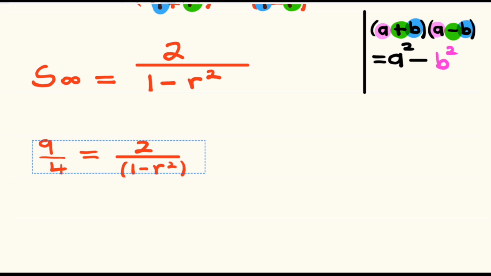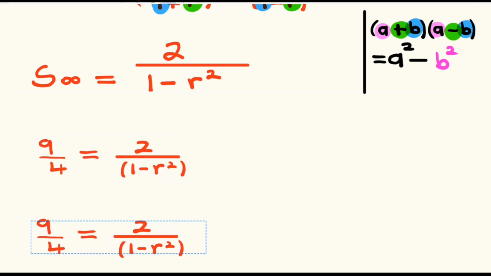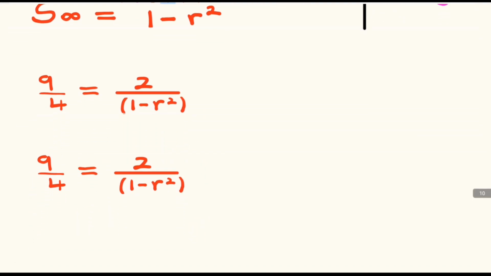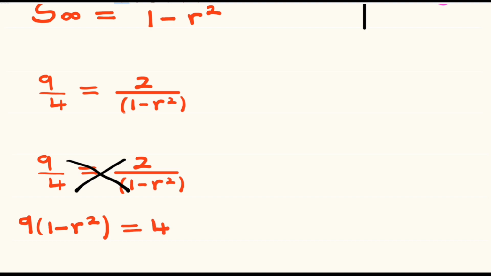And from here, we can cross multiply, and the 9 will be multiplied with the 1 minus r squared, and this will be equal to the 4, we multiply it with the 2.